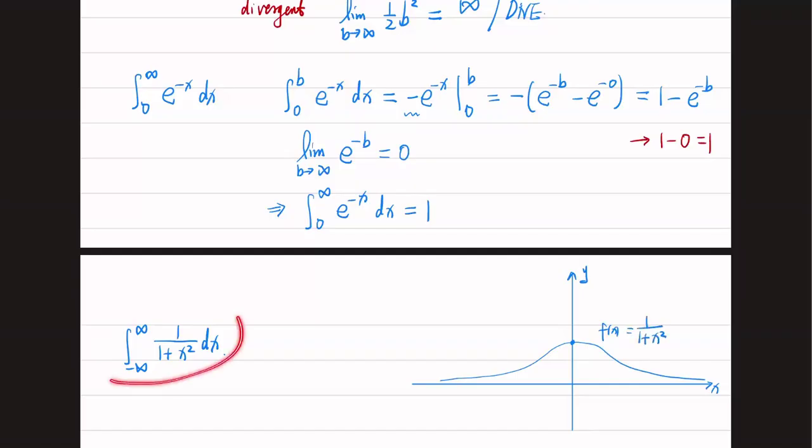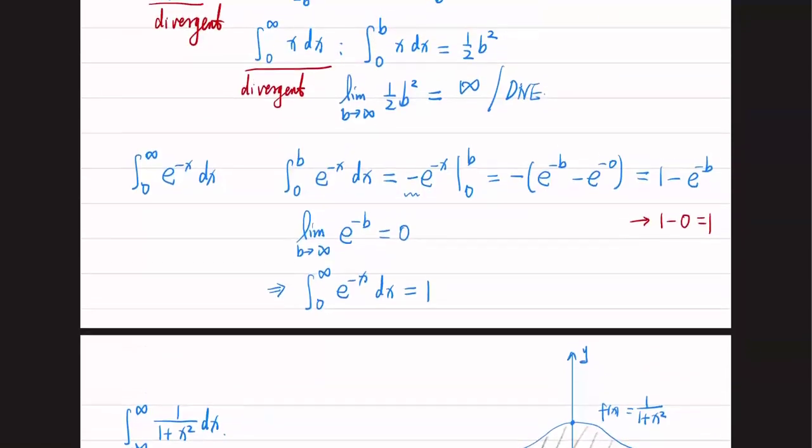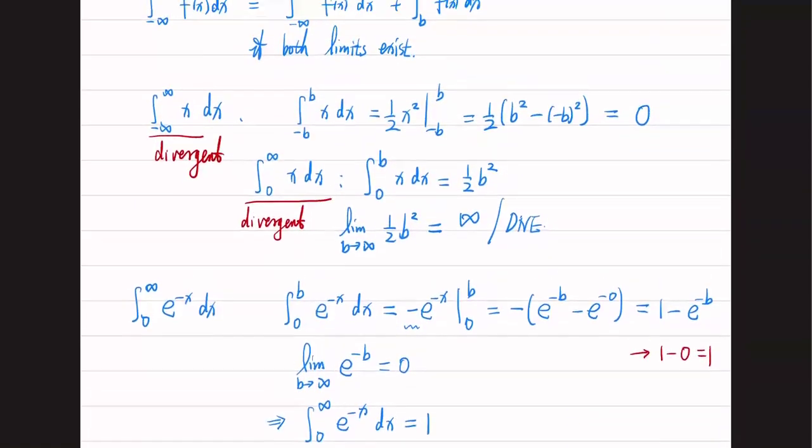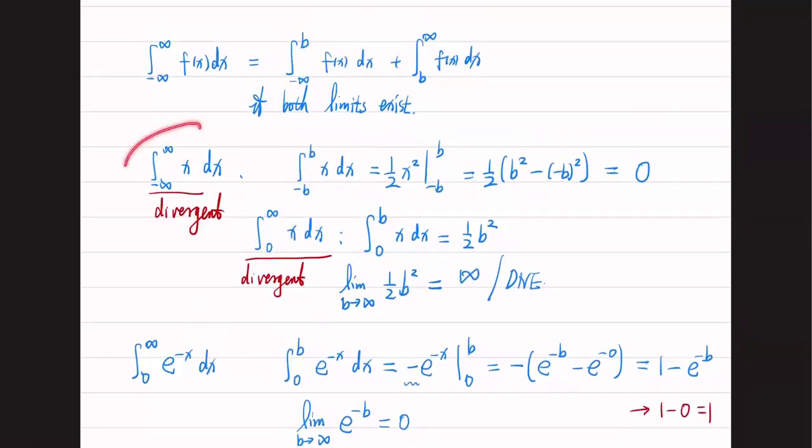The integral represents the total area on the graph. Okay, Sophia, where do we start? How do we find this area? For this two-sided integral, we have to check if both sides are convergent.